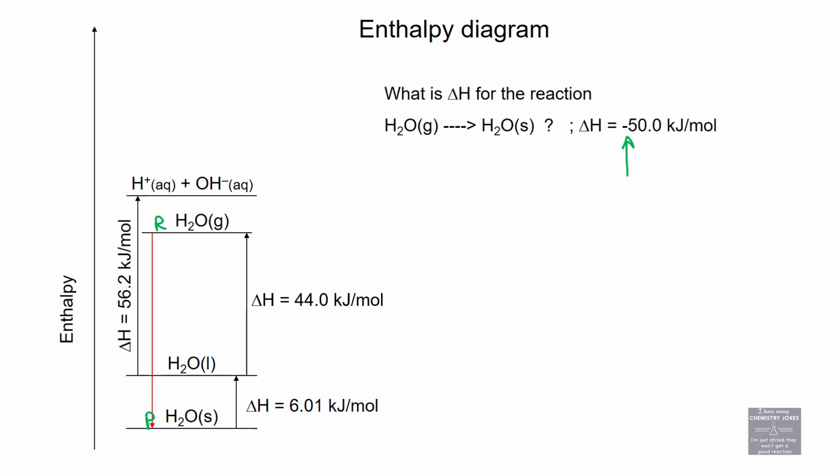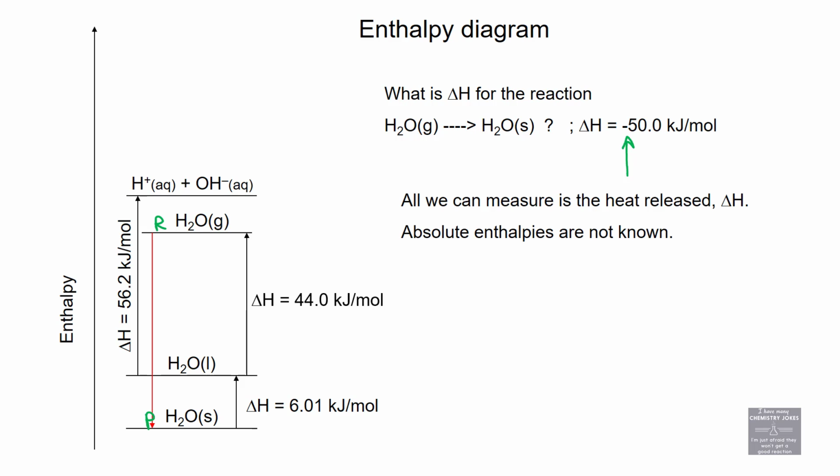So I don't say it releases negative 50. That's a double negative, and double negatives ain't no good. Releasing 50 implies the change is negative 50. So gas to solid releases 50 kilojoules per mole of energy.